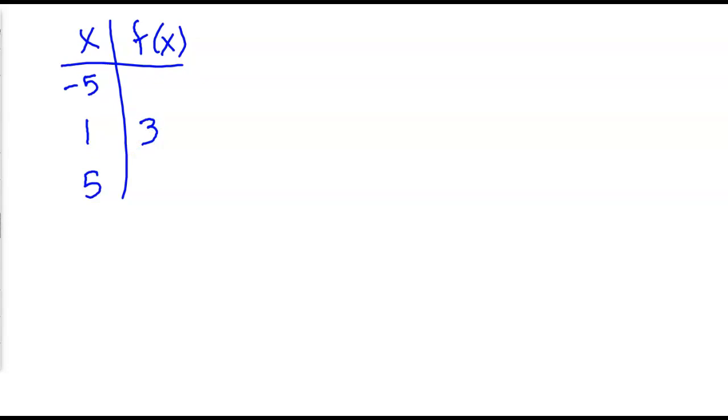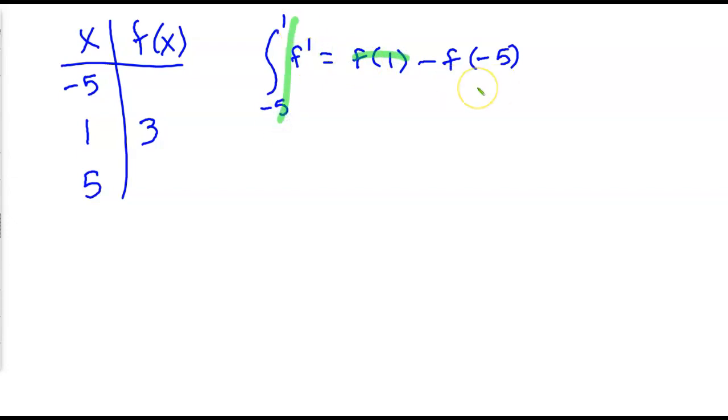And to find f of -5, I'm going to do the integral from -5 to 1 of f prime, which is going to be f evaluated at 1 minus f evaluated at -5. This I can get from my graph, and I'm going to solve for f of -5.